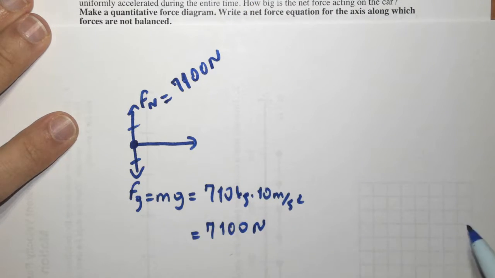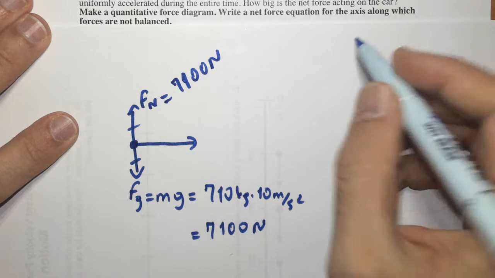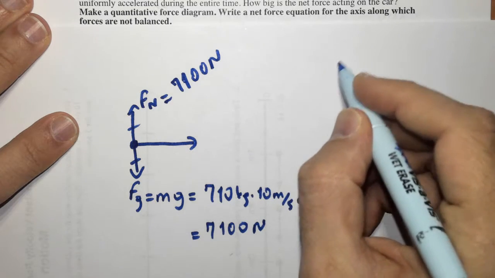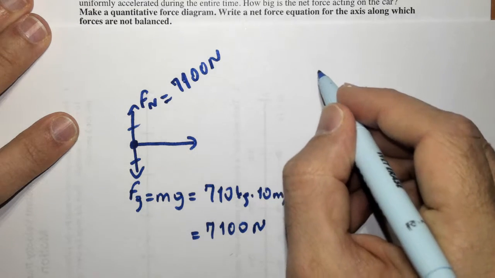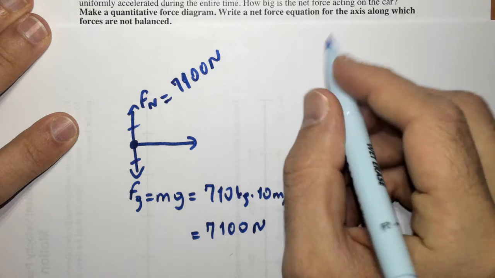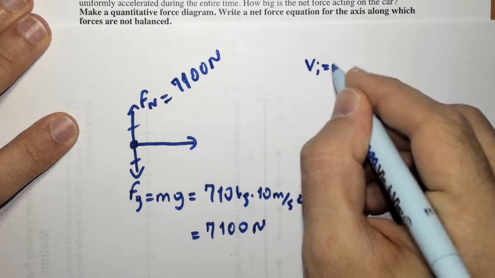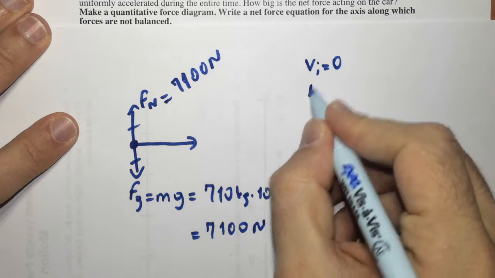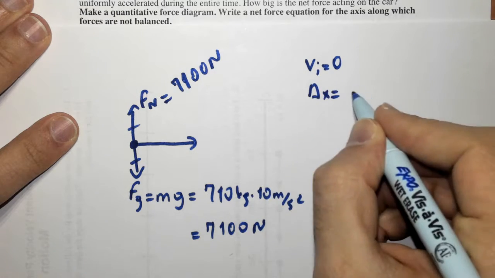Okay, now let's find this force. We're going to find this force by applying some kinematic equations. Firstly, I would like to list the knowns. Initial velocity is 0 because it starts from 0, and delta x is 40 meters.